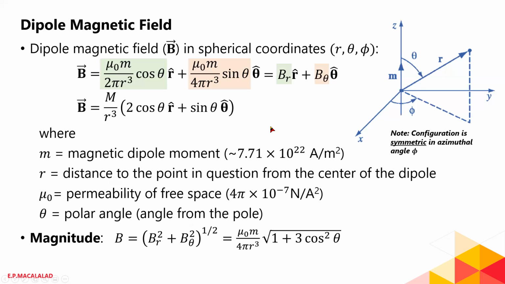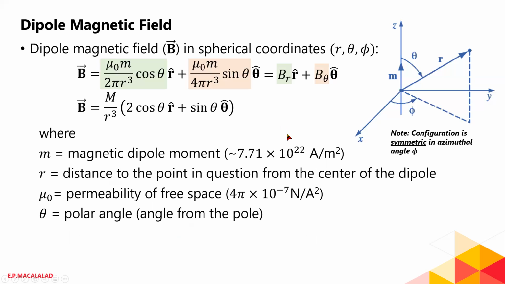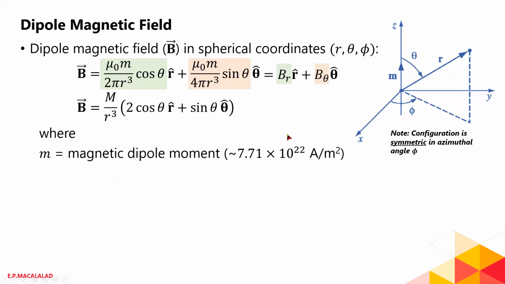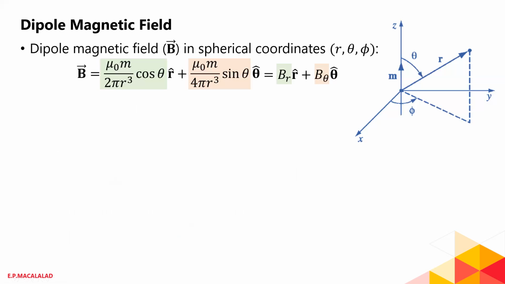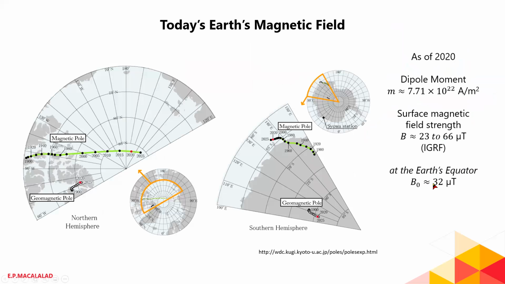So it is about 25 or 26 microtesla, which is almost in agreement with our previous estimate, of the order of 10 microtesla, or about near 30 microtesla.